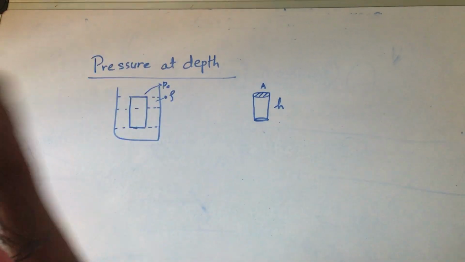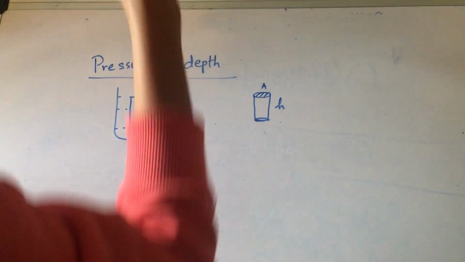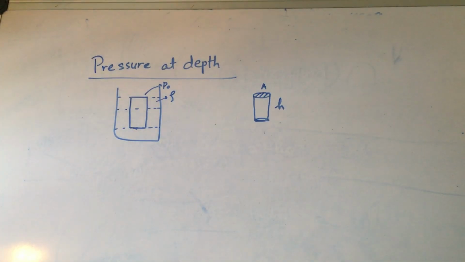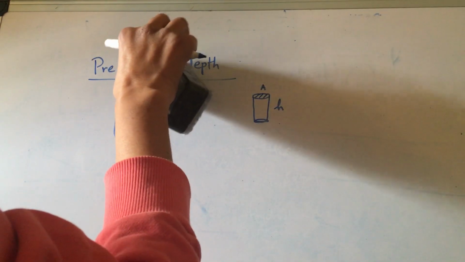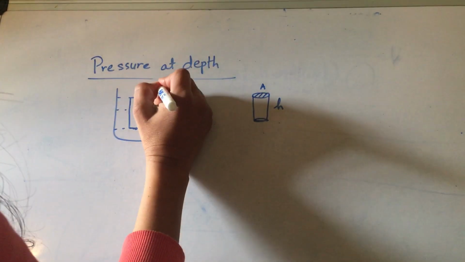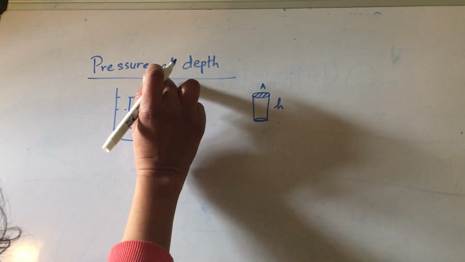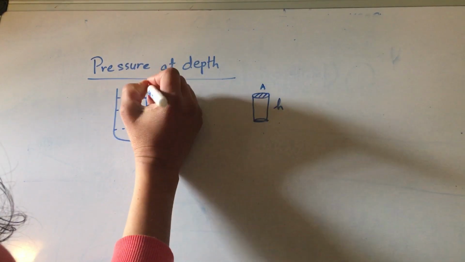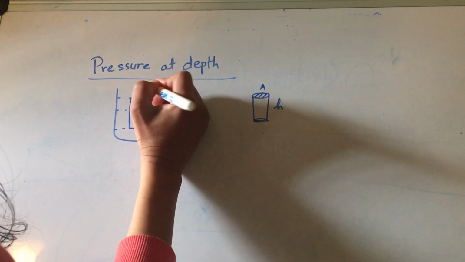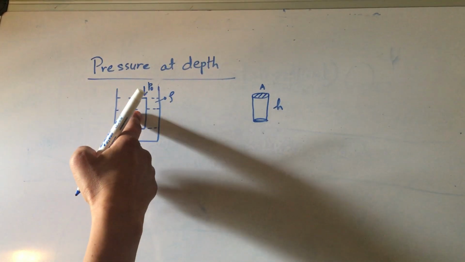I'm just writing this arrow to point here. Something is pushing it downward, so let me change that arrow to make it easier for you guys: P naught is pressing downward on this column.